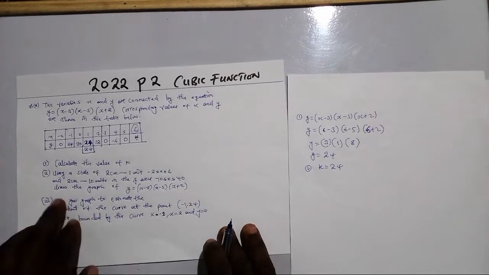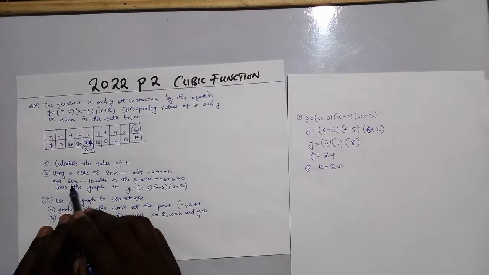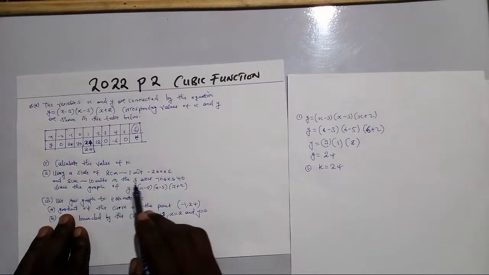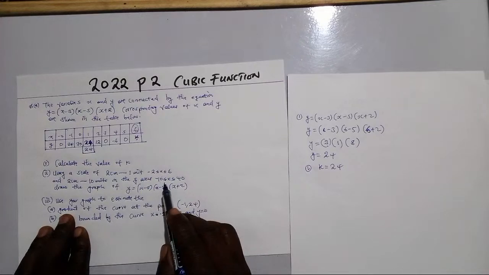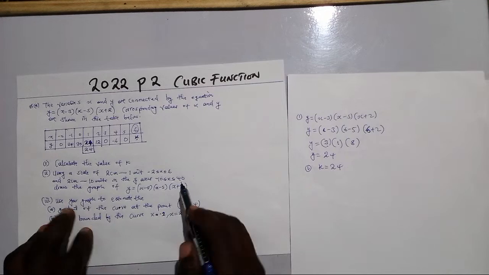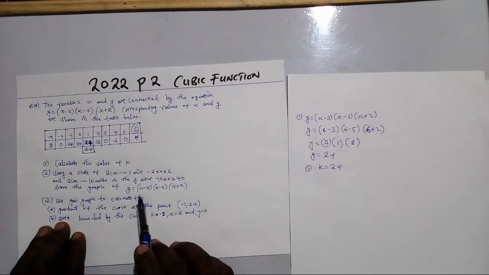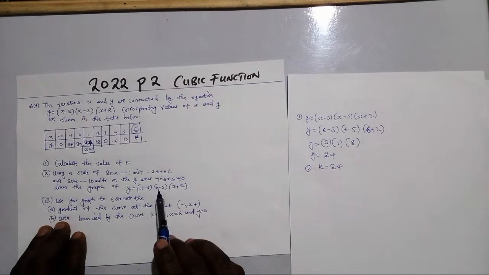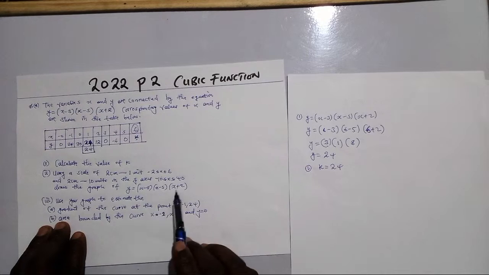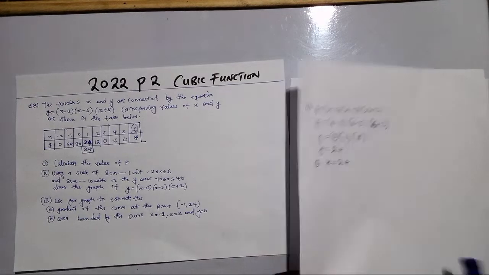On the y-axis we have been given 2 centimeters to represent 10 units, for y from negative 10 up to 40. And we are told to draw the graph of y equals x minus 3, x minus 5, and x plus 2.